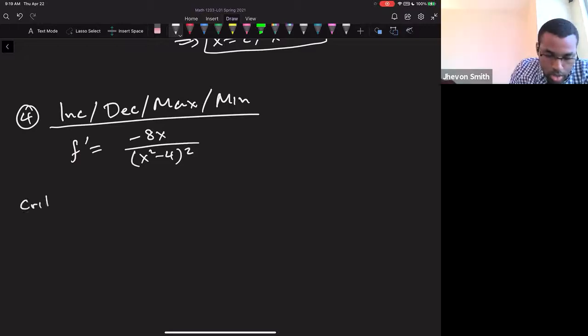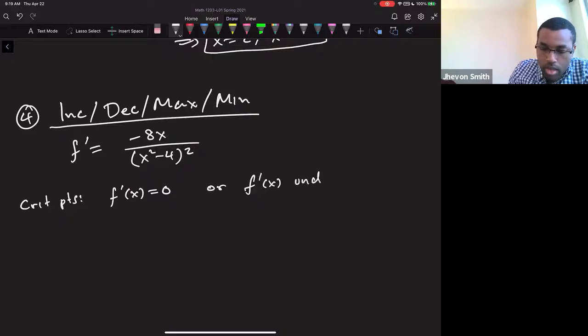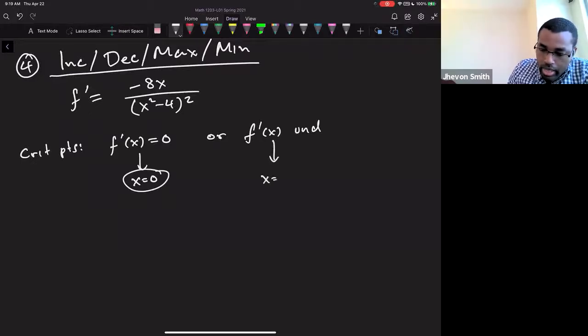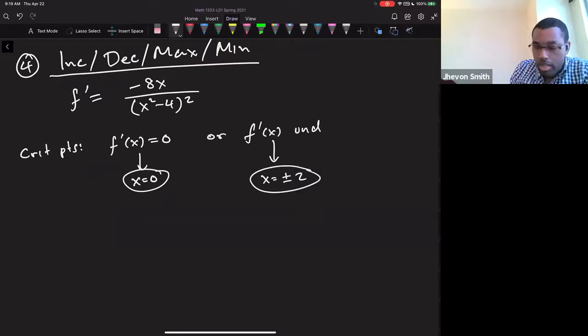So you're supposed to know that what you're going to do here is find the critical points. This is where f prime of x equals 0, or f prime of x is undefined. We have both. This one when x equals 0, because that's what makes the numerator 0. This one, it's when x equals plus or minus 2, because that's what makes the denominator 0.